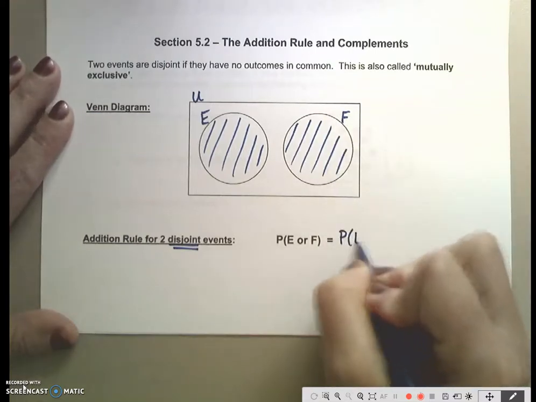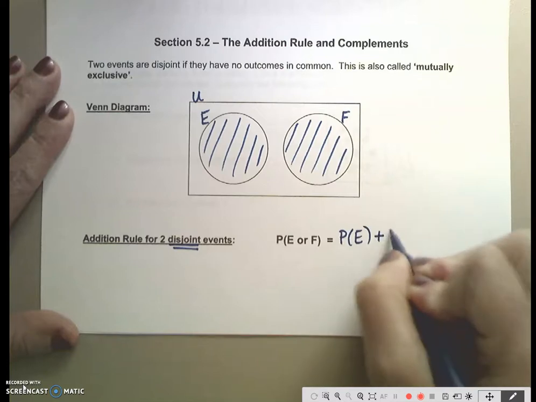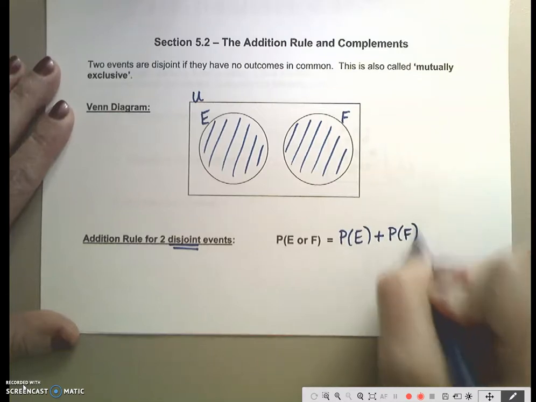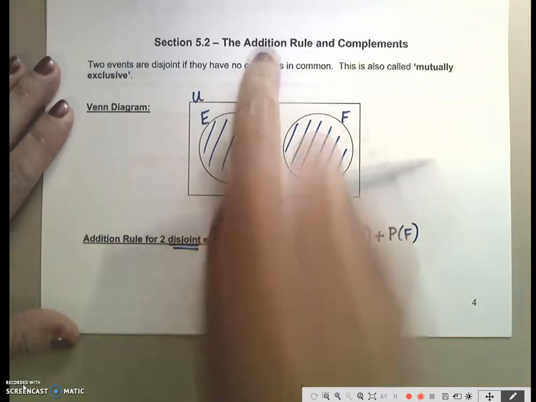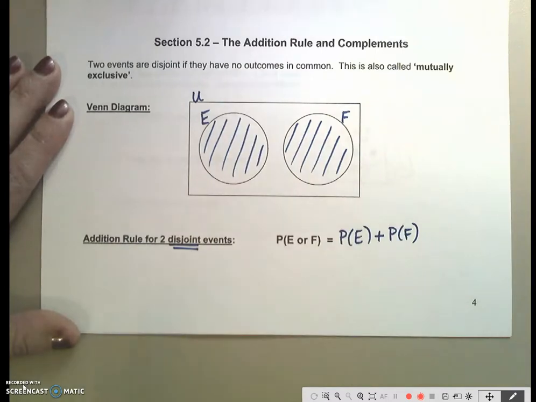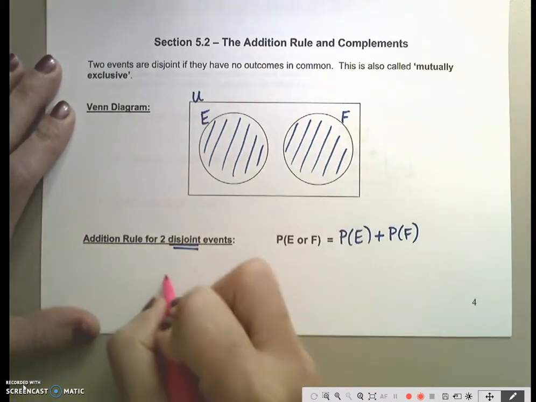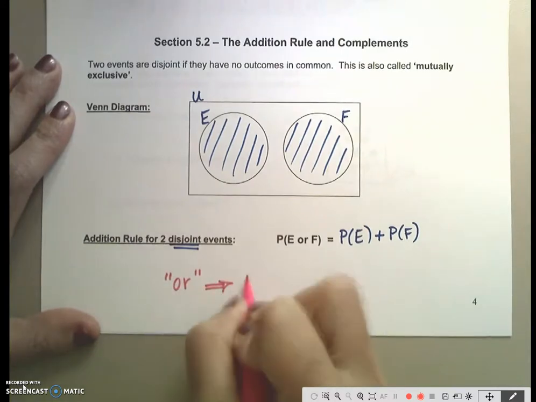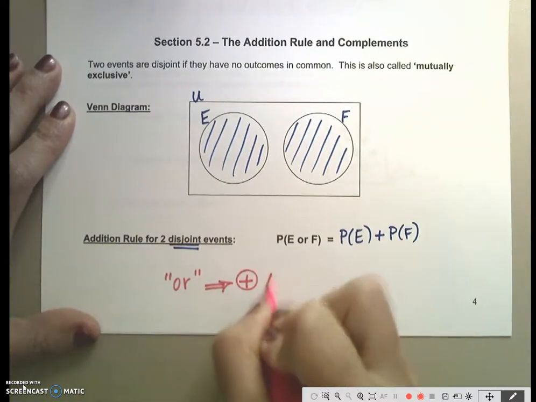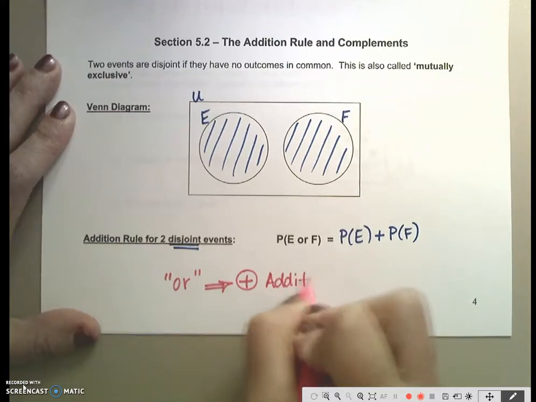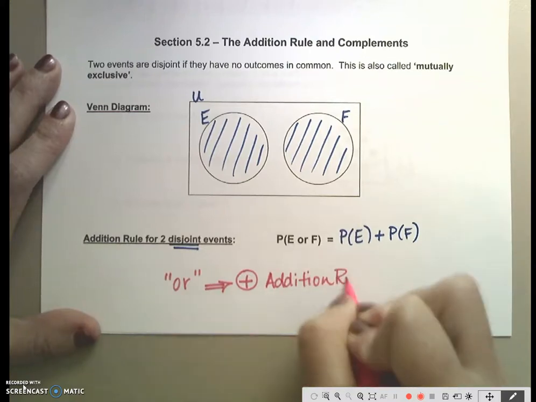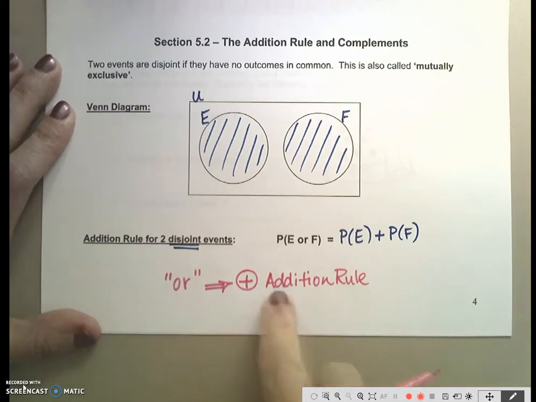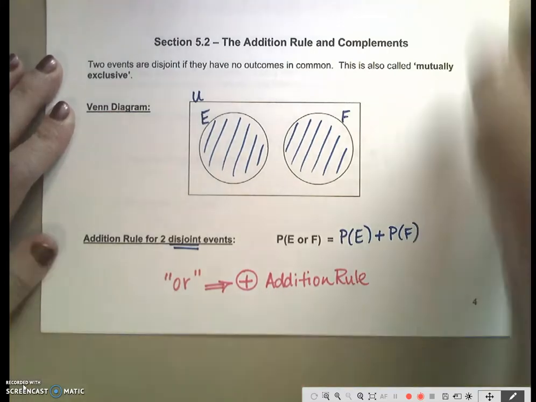That's why this section's called the addition rule, right? Because we're going to add. So when you see the word or, you need to think addition rule. The word or is going to be synonymous with addition rule.